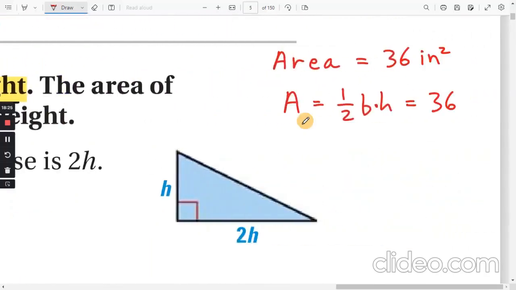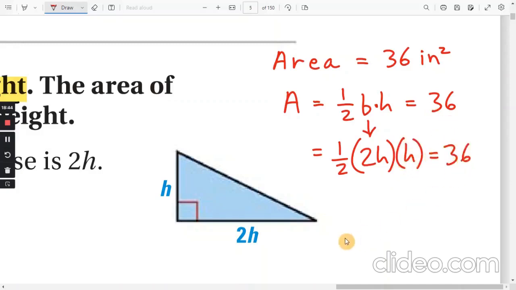All right, so looking at my formula here, we have 1/2, and in place of B, I'm going to plug in 2 times H, because we said B equals 2H. Now that's times H, and that equals 36. Now, on some of these, you might have to multiply both sides by 2. But here we have an even number. I know that half of 2 is just 1. 2 divided by 2 cancels.